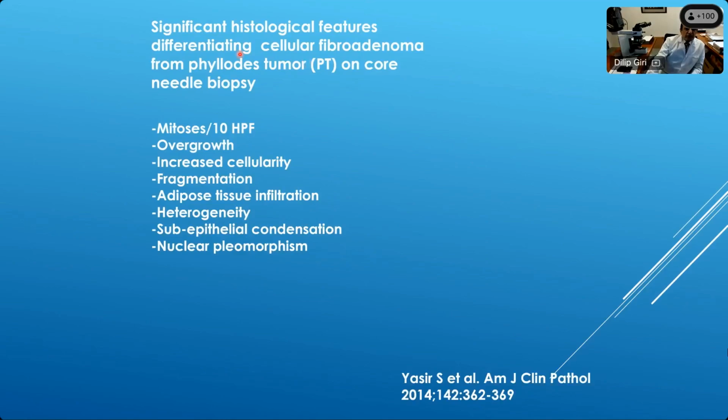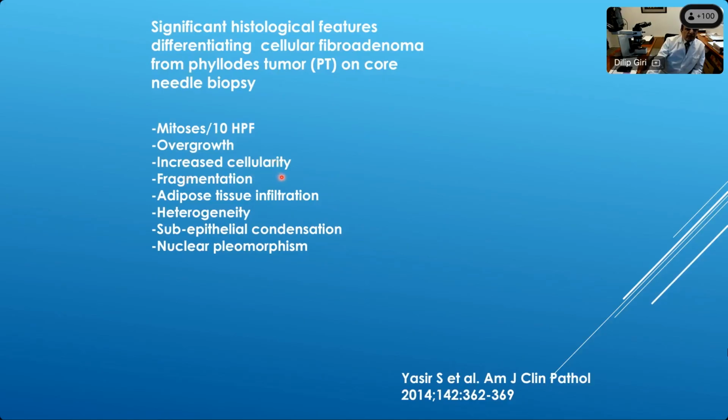And in this study, they concluded what the significant histologic features are to differentiate between a cellular fibroadenoma and a Phyllodes tumor on a core biopsy. So these authors found that if you see mitosis in 10 high power fields on a core biopsy, if there is overgrowth so the stromal elements are really prominent, if there is increased cellularity, if there is fragmentation.